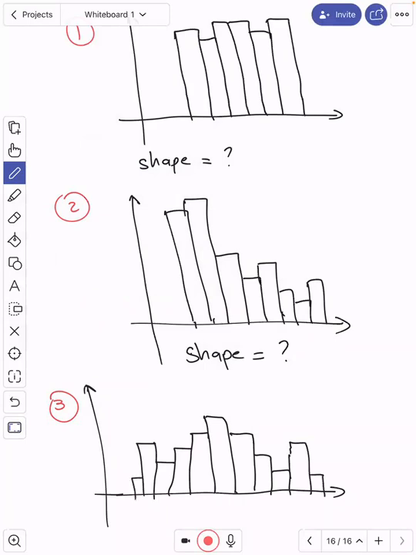Okay, and so what will be the shape of this one? Okay, so what will be the shape of this histogram? All right, so I'm gonna give you a couple of minutes, guys, to think about this exercise. Just describe the shape of those histograms.